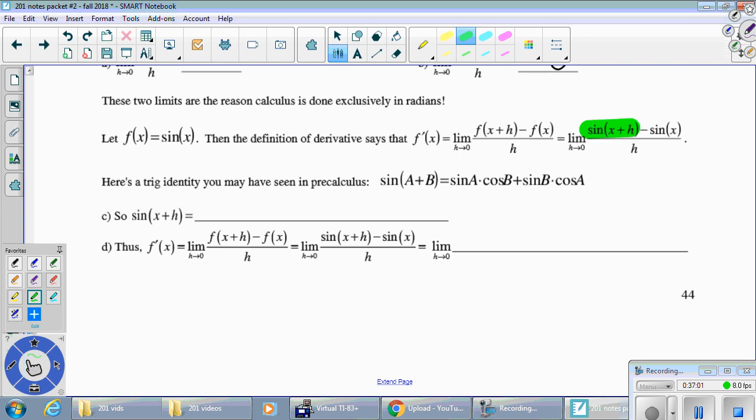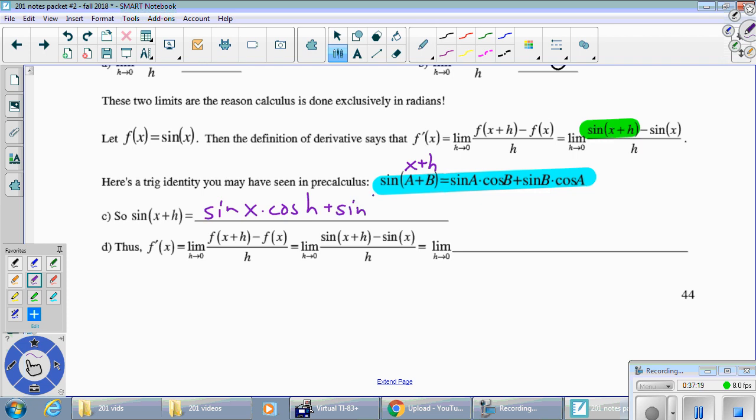So sine of x plus h, according to our formula here, well, all we're going to do is we're going to change the a to an x and the b to an h, right? Now it looks like sine of x plus h. So sine of x times cosine of h plus sine of h times cosine of x. Great.